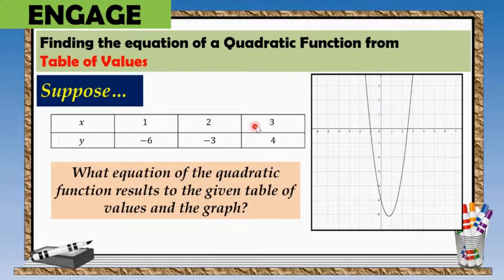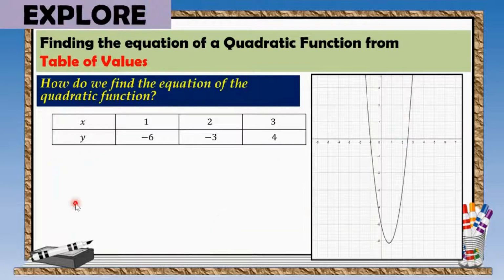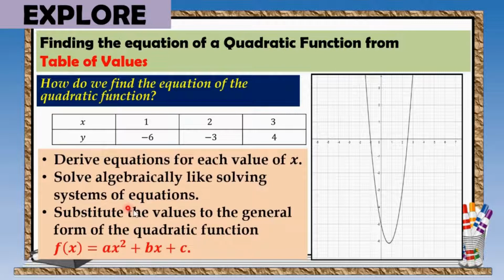That is what we will find out: how to get the equation of a quadratic function given the table of values and the graph. We have 3 steps. The first step is to derive an equation for each value of x.